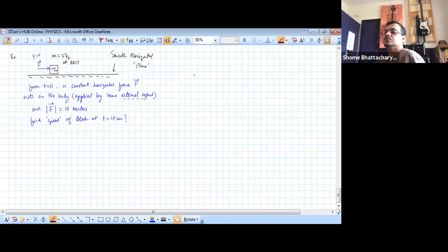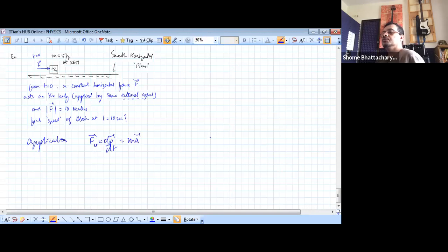So this is a very simple case of application of Newton's second law applied to a rigid body here. Its mass is constant.